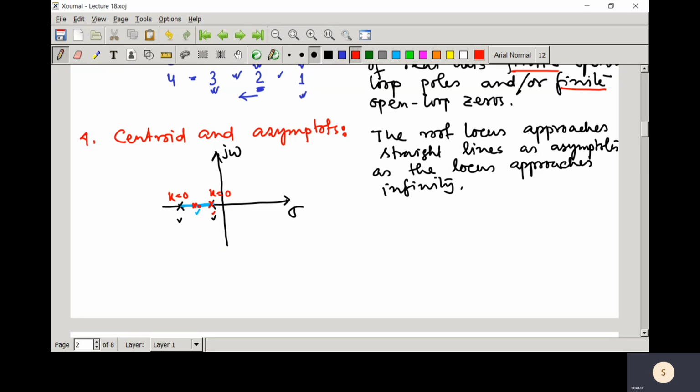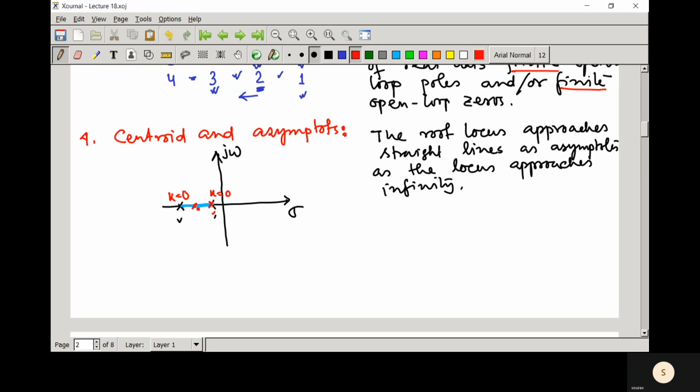Now it may go along that direction, or along that direction. We do not know, it can go in any direction. So from these asymptotes and centroid, we will be able to say along which direction it will be going. So let us see.